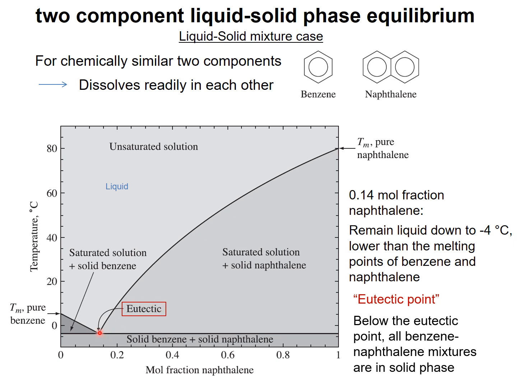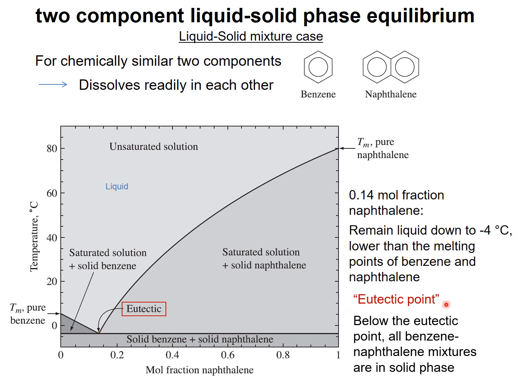Let me read the values of the eutectic point. About 0.14 mole fraction of naphthalene around here, and the temperature is -4 degrees Celsius. So I can say the mole fraction is the eutectic mole fraction and the temperature is the eutectic temperature.